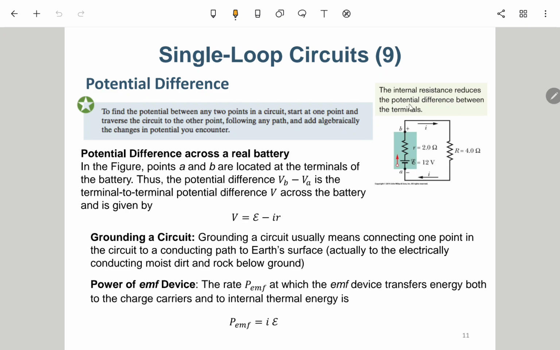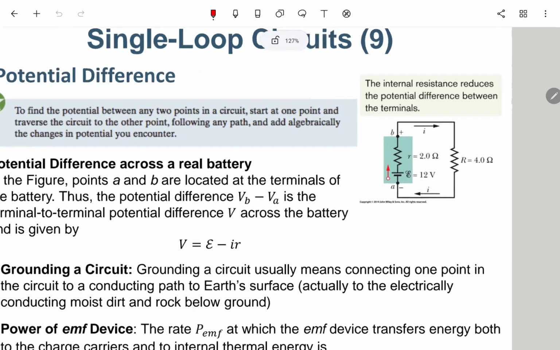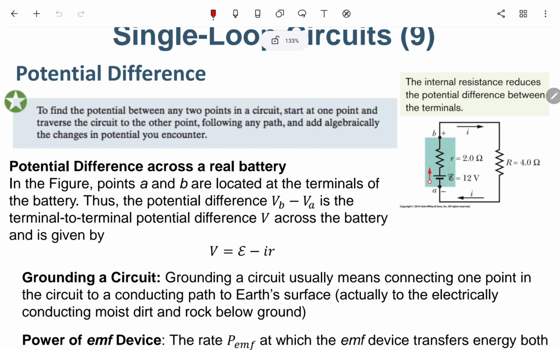Let's say in this circuit, we want to know the potential difference between point A and point B. What we can do is start from this point A, VA, and then go in this direction.